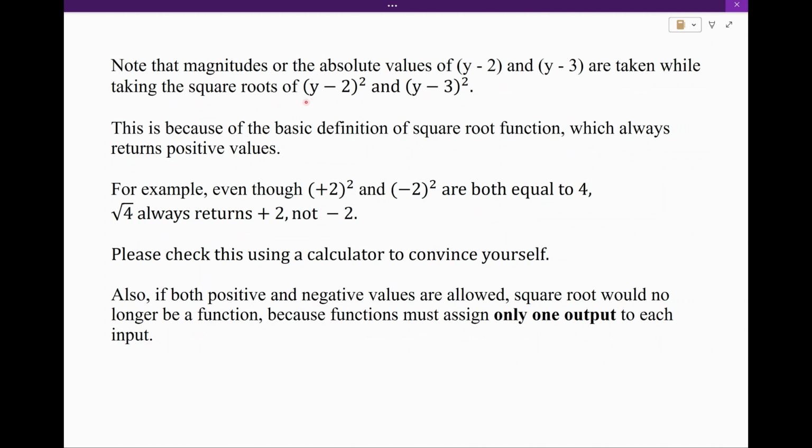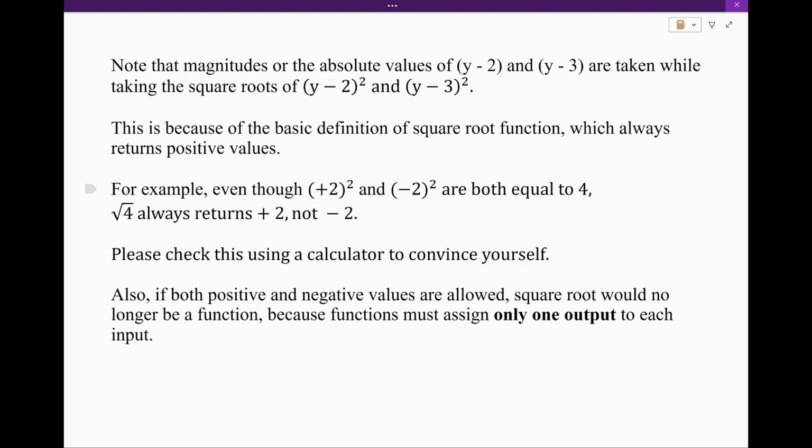This is because the basic definition of the square root function is such that it always returns positive values. For example, even though plus 2 squared and minus 2 squared are both equal to 4, the square root of 4 always returns plus 2, not minus 2.